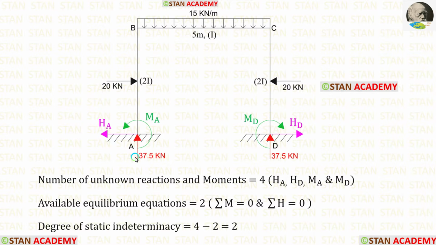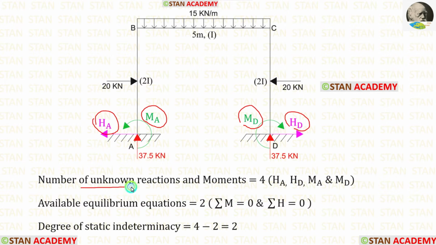We have already found the vertical reactions. In the point A, still we have to find the horizontal reaction HA and the moment MA. In the point D also, we have to find HD and MD.